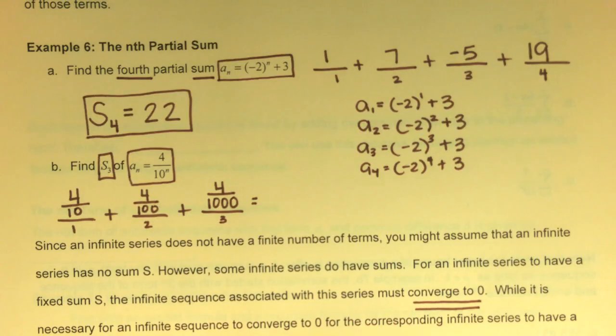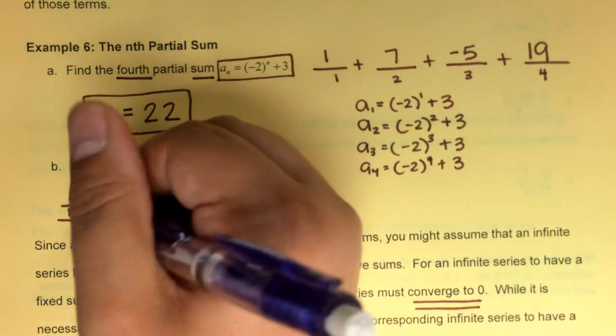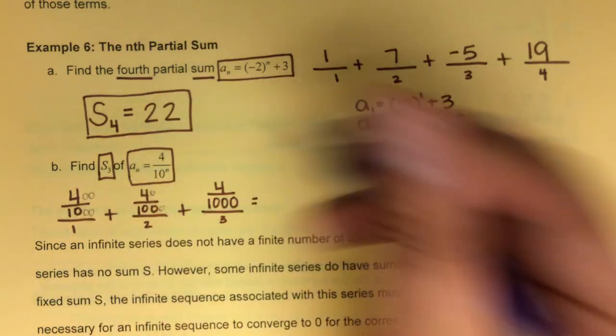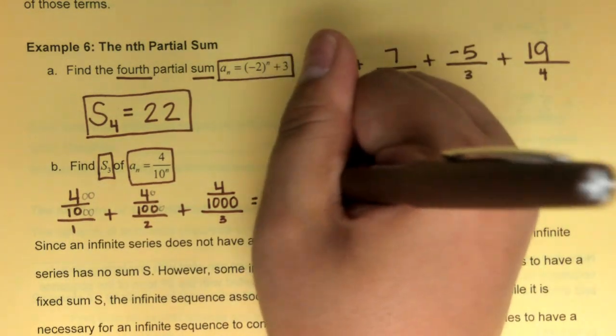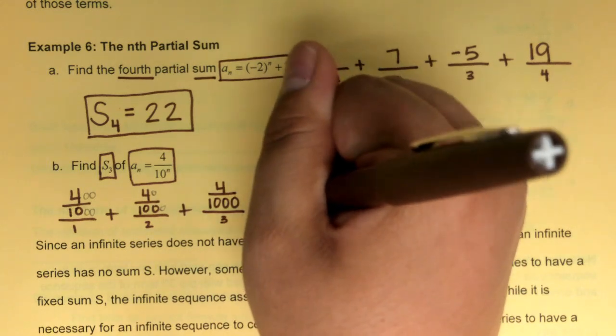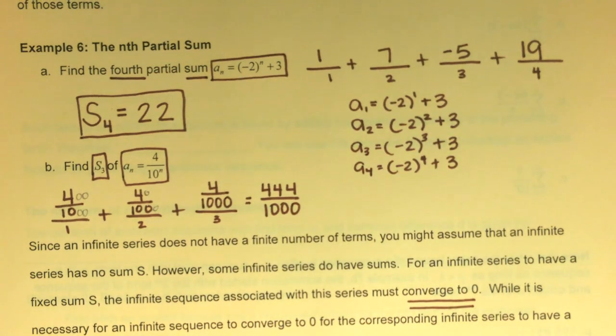Couldn't I add a 0 to this one right here and add a 0 to there? Couldn't I add 2 zeros here and add 2 zeros here? So what does that give me? 444 over 1,000. Does that reduce?